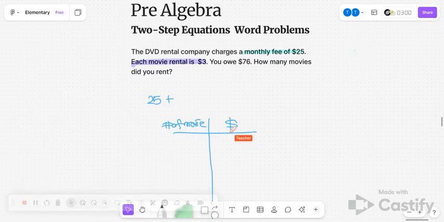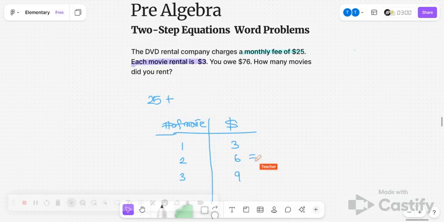So I'm going to make a quick chart. If you rent one movie, you're going to pay $3 extra. If you rent two, you're going to have six. If you rent three, you're going to pay nine. Instead of calculating the numbers, I would just show the process.